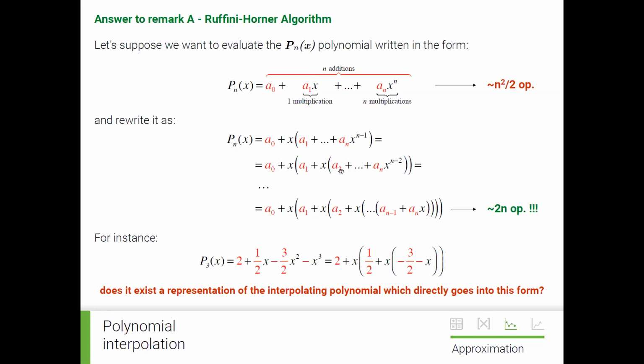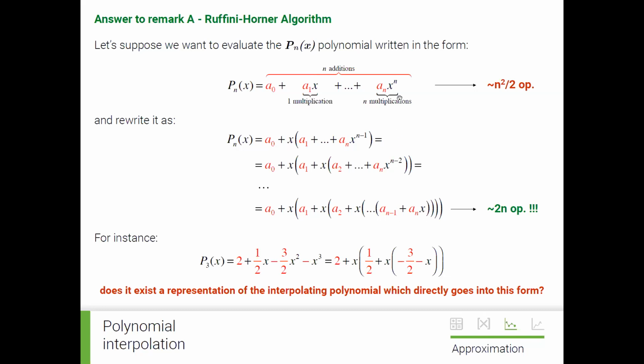So we get now a2 plus a3 x, etc., an x to the power n minus 2. If we continue this process, each time factoring out x, we get here a0 plus x times (a1 plus x times (a2 plus x, etc.)), and the last one is a(n minus 1) plus an x.